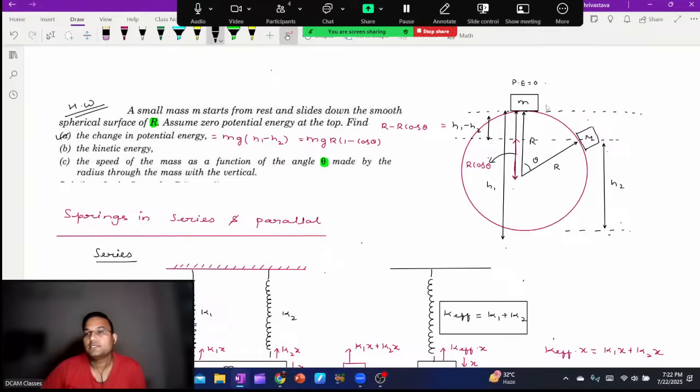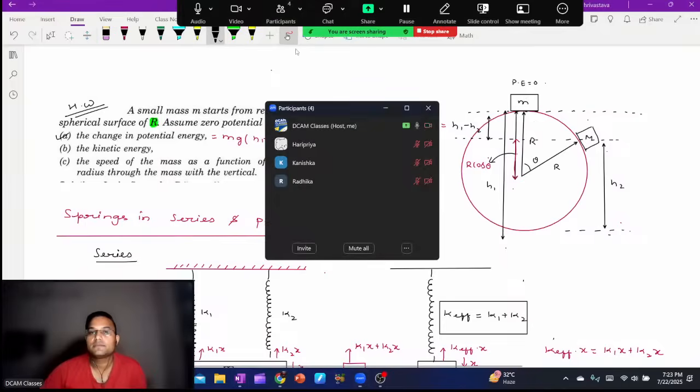If you apply the conservation of energy here, because we can apply the conservation of energy here since there is no work done except by mg. Mg is a conservative force. Here is a normal reaction.